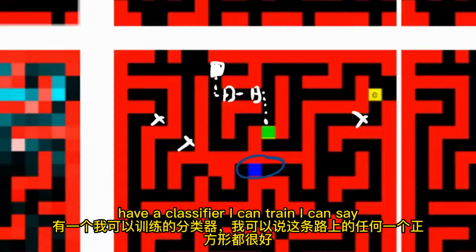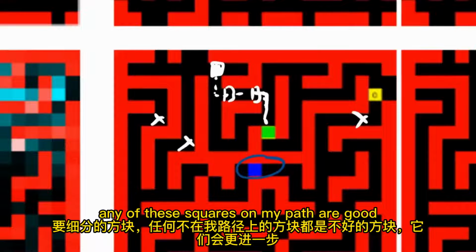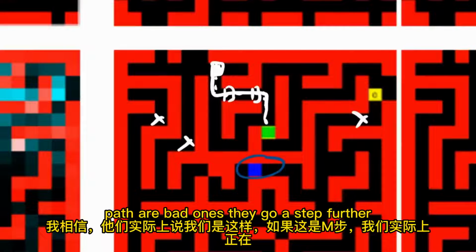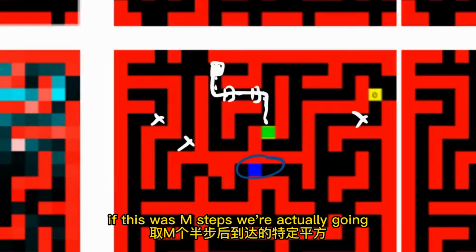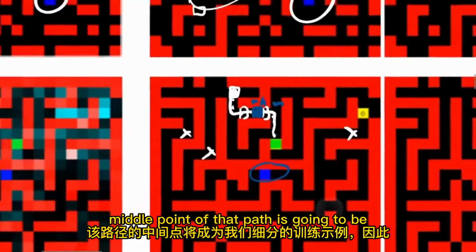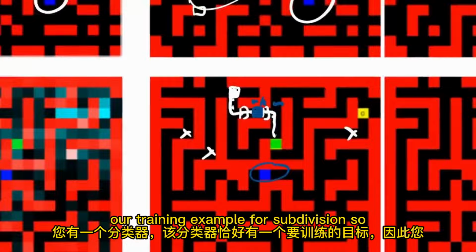So now I have a classifier I can train. I can say any of these squares on my path are good squares to subdivide, and any not on my path are bad ones. They go a step further, I believe, and they actually say, so if this was m steps, we're actually going to take the particular square that is reached after m half steps. So the exact middle point of that path is going to be our training example for subdivision.